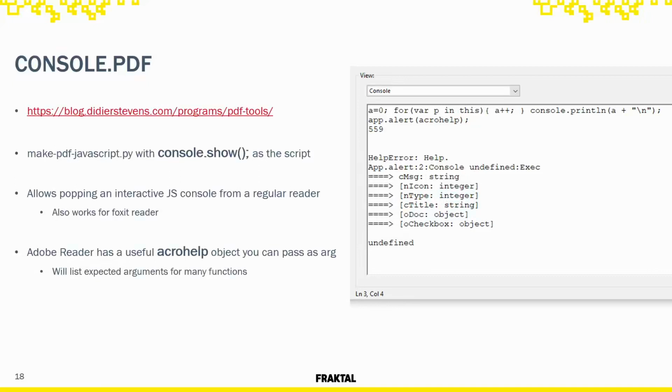This also works for Foxit. In the case of Adobe Reader, there's this AcroHelp object you can pass as an argument. I think they stopped maintaining it because it works for some things, and it definitely doesn't work for a lot of things.